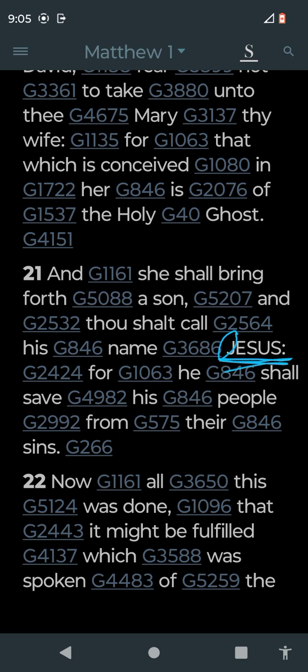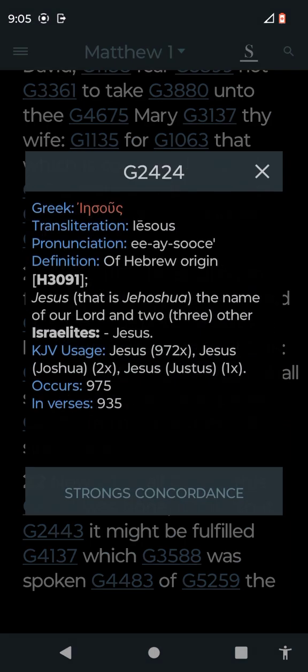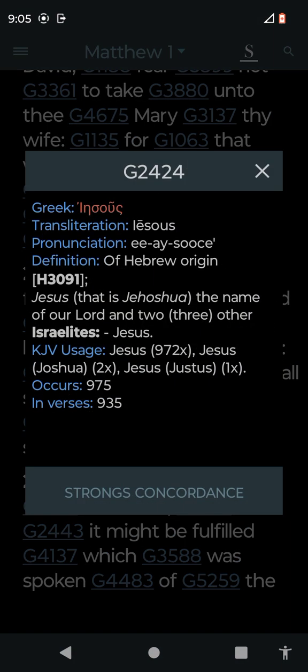There's that J. But this is a Latin version of the Hebrew name, not a Greek version. Let's look at the Greek version, G2424. And here it is, Jesus. It starts with the letter I, and it goes into the E, S-O-U-S. So now we're going backwards. We went from Latin to Greek, and now we're going to go to the Hebrew.